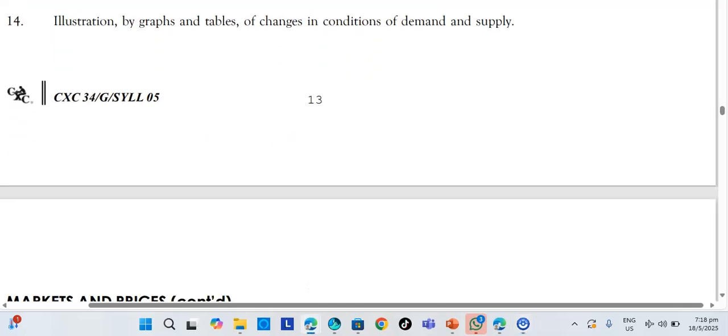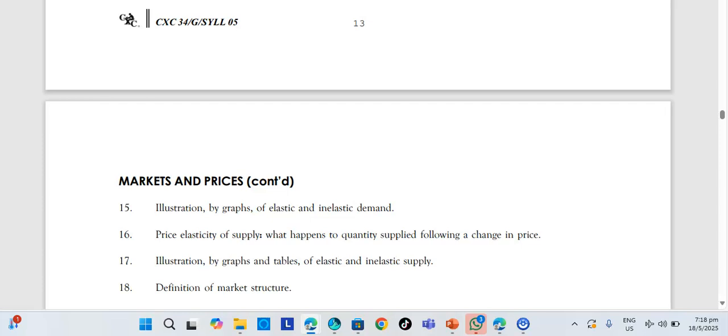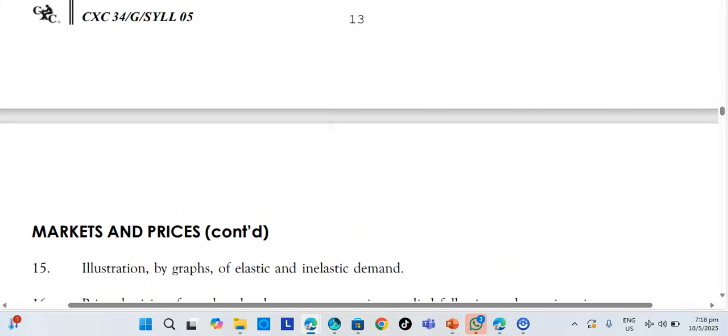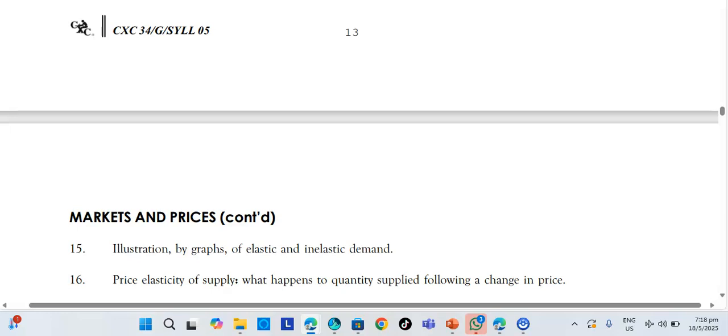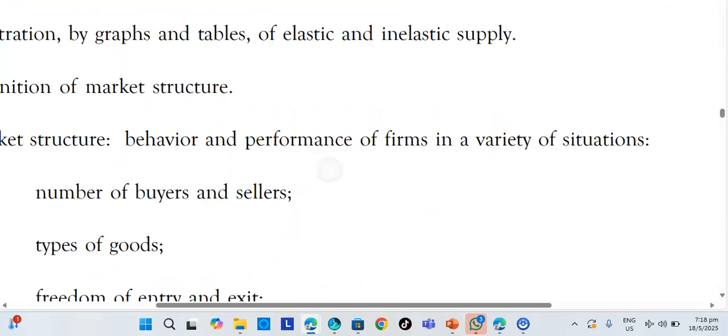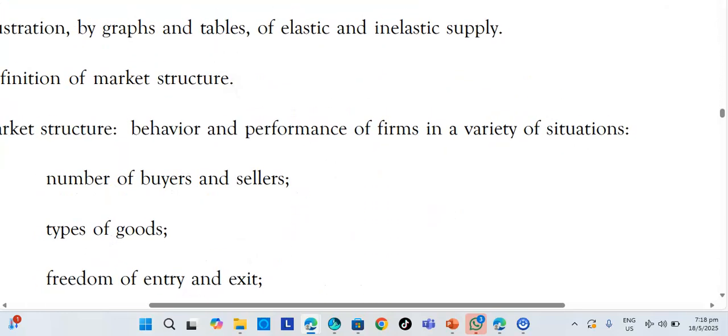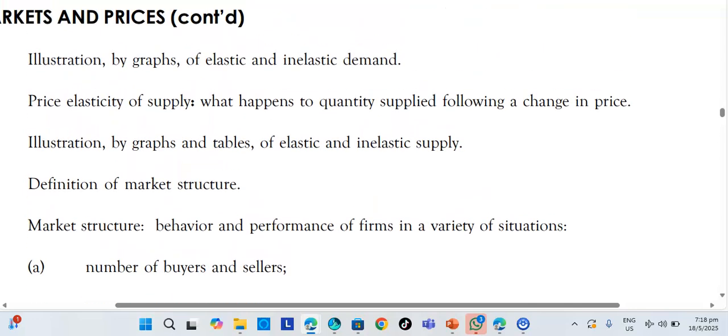All right, so now we are going to look at price elasticity of supply. What happens to quantity supplied following a change in price?